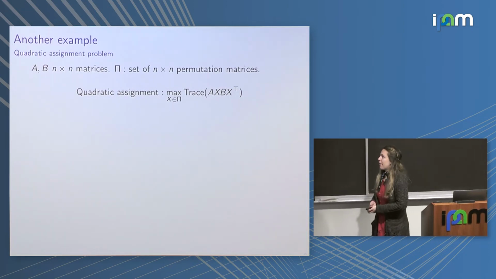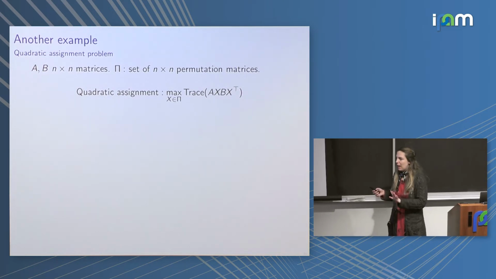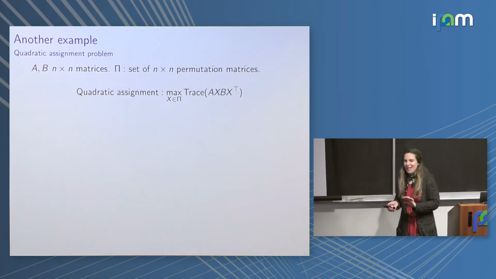Okay, so another example, the last example that I wanted to talk about, is the quadratic assignment problem. Given two matrices, the quadratic assignment problem is an optimization problem in the space of permutations.